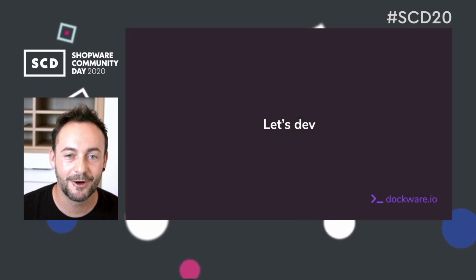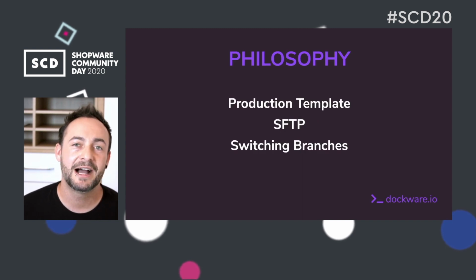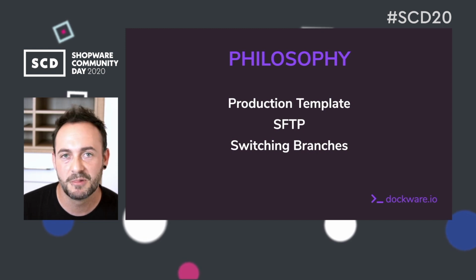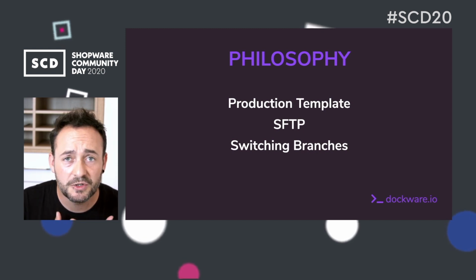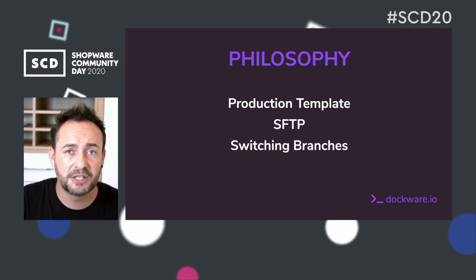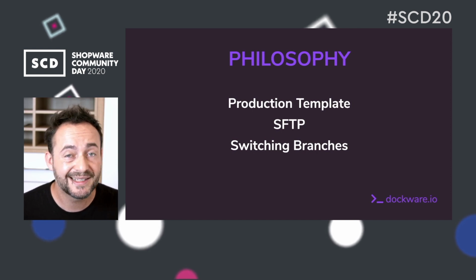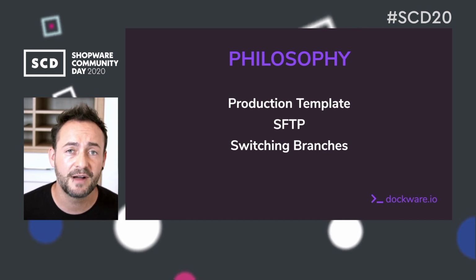All right, so about our philosophy, you might have noticed some things that you're probably not that familiar with. So first thing is, our dockware play and dev versions come with the production template. So there is no PSH file. All files that you need are the production files from Shopware that are in the bin folder.